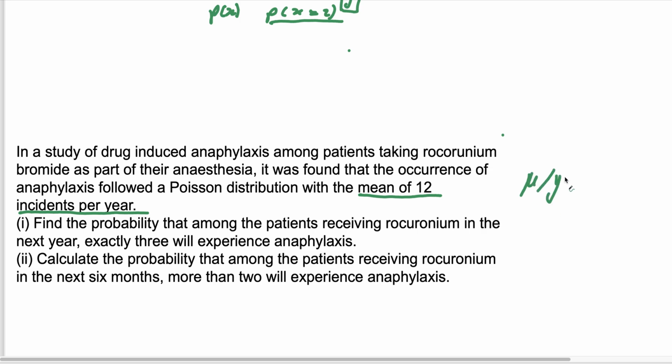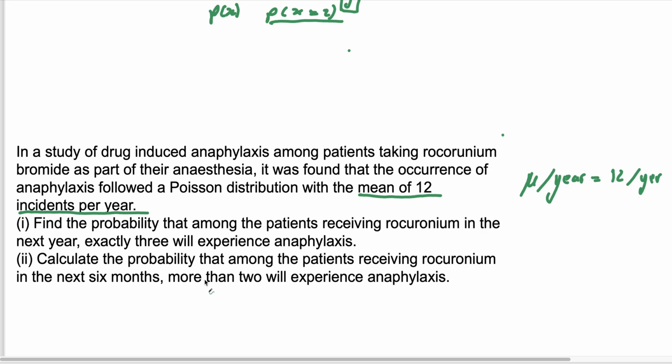However you indicate it, this will be 12 per year. I don't mind how you write year there, just write it simplified. So the magnitude is 12 per year.